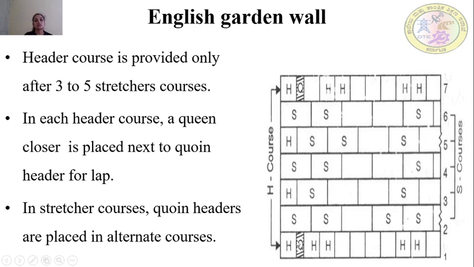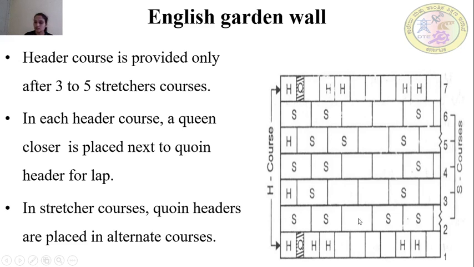For breaking the joints and for the necessary lap, in each header course a queen closure is provided next to the coin header. One more important thing to concentrate on is the alternate stretcher courses.